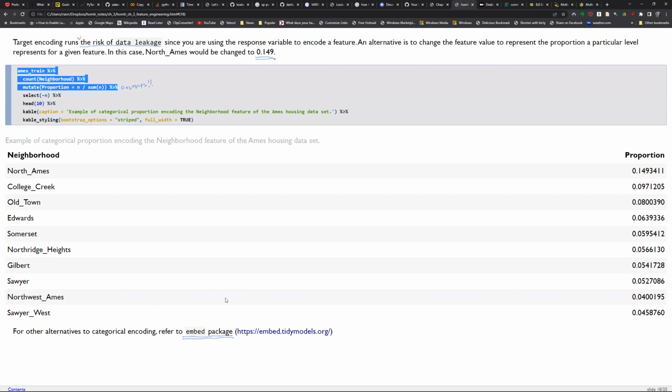For example, in this data set, we're taking the neighborhood as an example, and the neighborhood is not that bad. It has around 28 levels. If you lump it, you can reduce it to 22, and that's not bad for one-hot encoding or dummy encoding. But take zip codes, for example. Zip codes really are categorical.